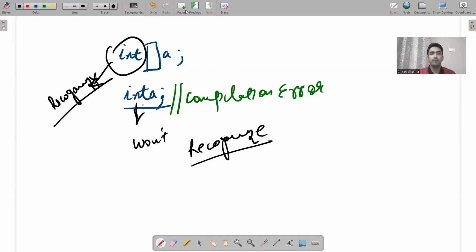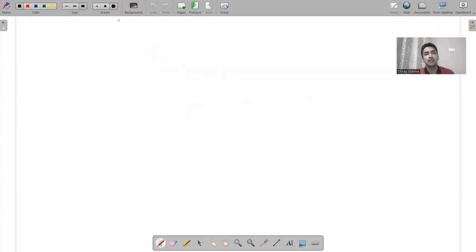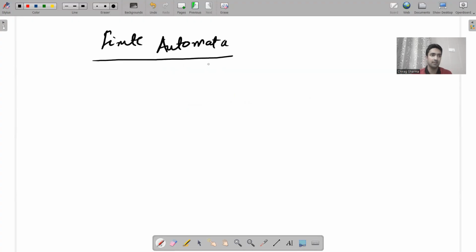Now, what does a finite automata mean? Now I'm coming to this particular topic which is known as finite automata. What does that mean? I have clearly written int a followed by a semicolon. Now, this I have written fine, that is totally fine.